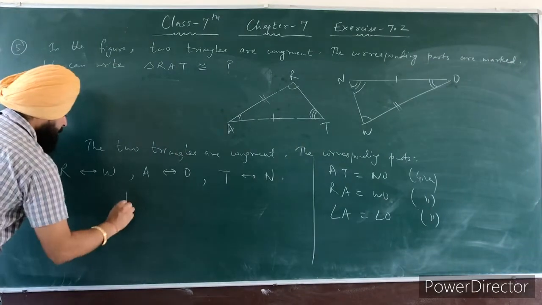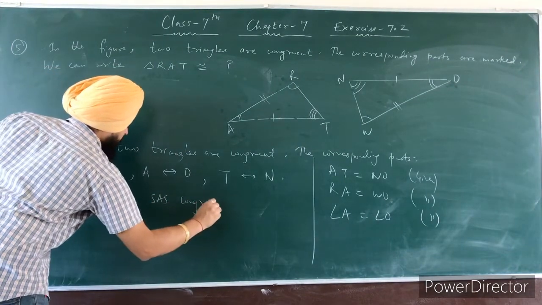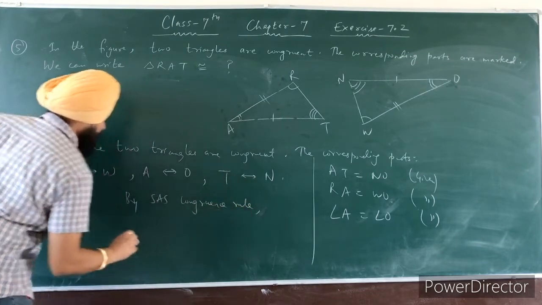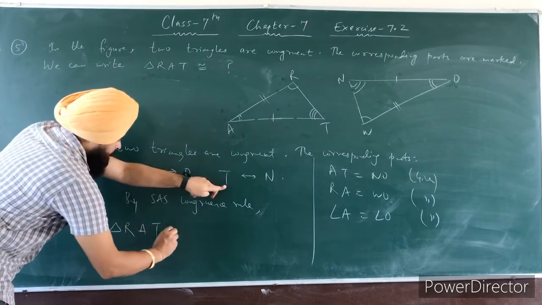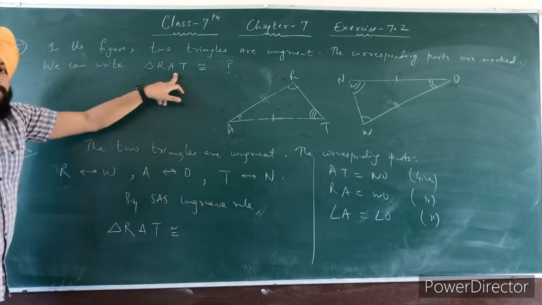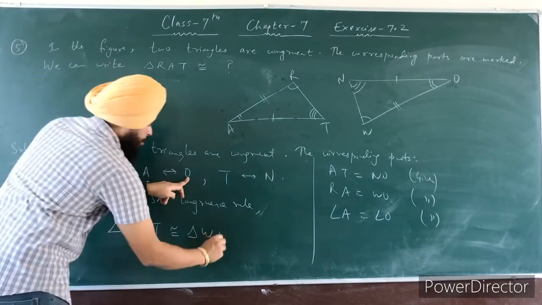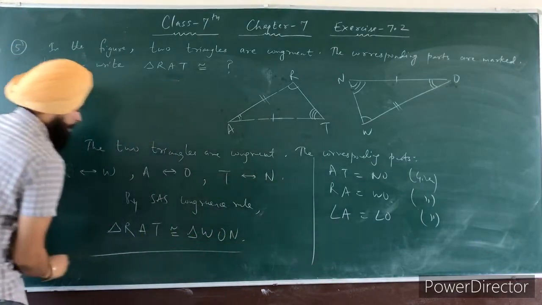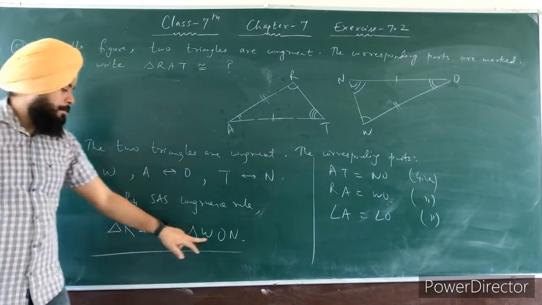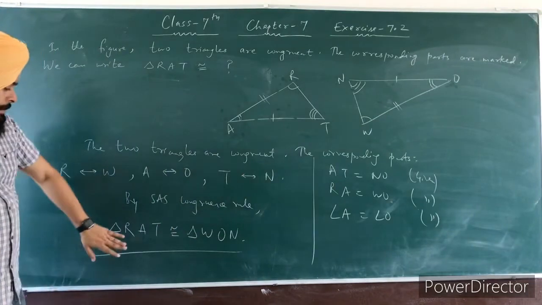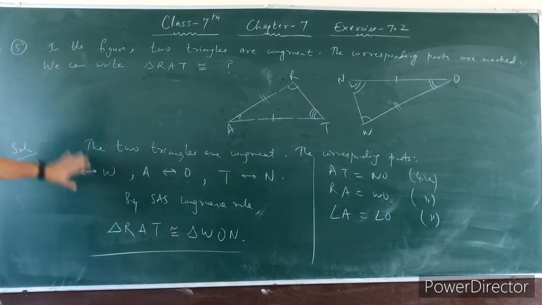So write here first: by SAS congruence rule, triangle RAT, this one, is congruent to triangle WON. Because R corresponds to W, A corresponds to O, and T corresponds to N. So this is the congruence of triangles in the symbolic form. So this is your question number 5.